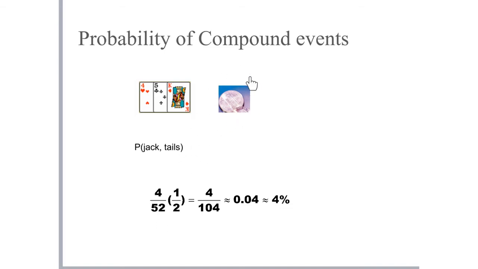And the probability of flipping a tails is 1 out of 2. So when we multiply those together, we get 4 out of 104. And when we divide these, we get about 0.04, or in this case, 4%. So there's only a 4% chance that at random, you would pull a jack out of this deck and then flip a coin and get tails.